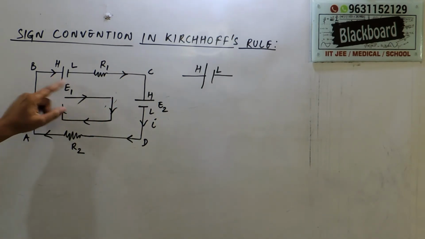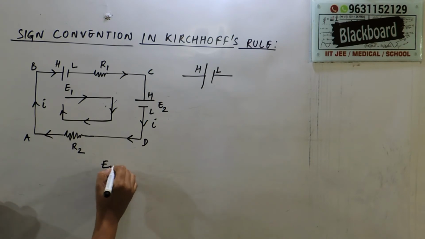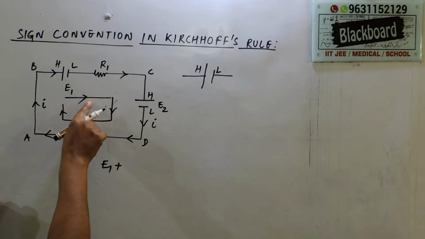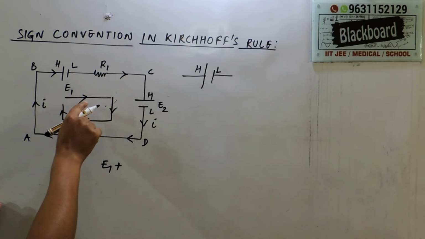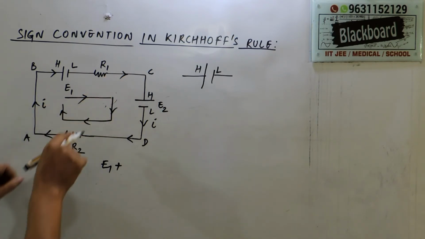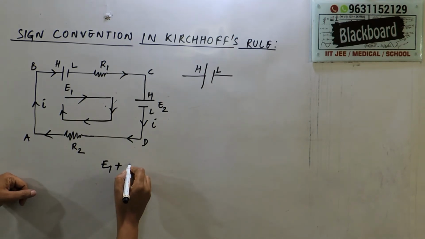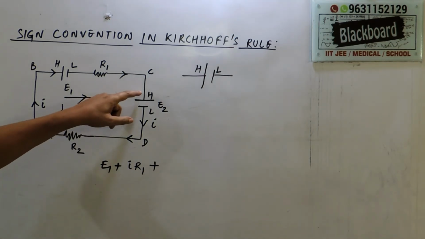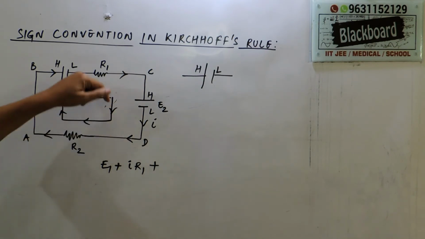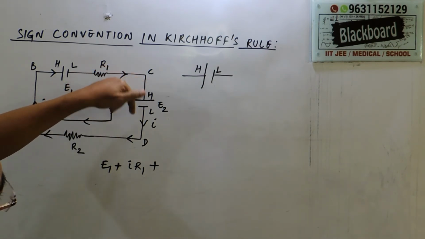So here the direction of our loop is H to L. That means E1 will be positive. E1 is positive. And here the current and our assumed loop are in the same direction. That means this is IR1, plus here again H to L, higher to lower, and the direction of current is from higher to lower potential.